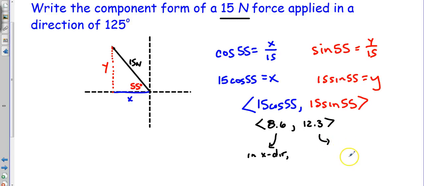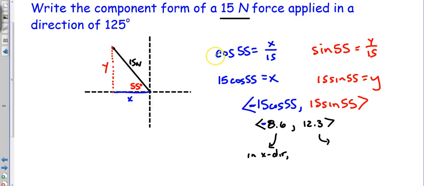Now, there's one thing I actually have to fix here, and this is really important that we pay attention to. In the x direction, notice we're going in the negative x direction, so this should actually be a negative x component. This indicates that we're going to the left 8.6, or to the left 15 cosine of 55 units.